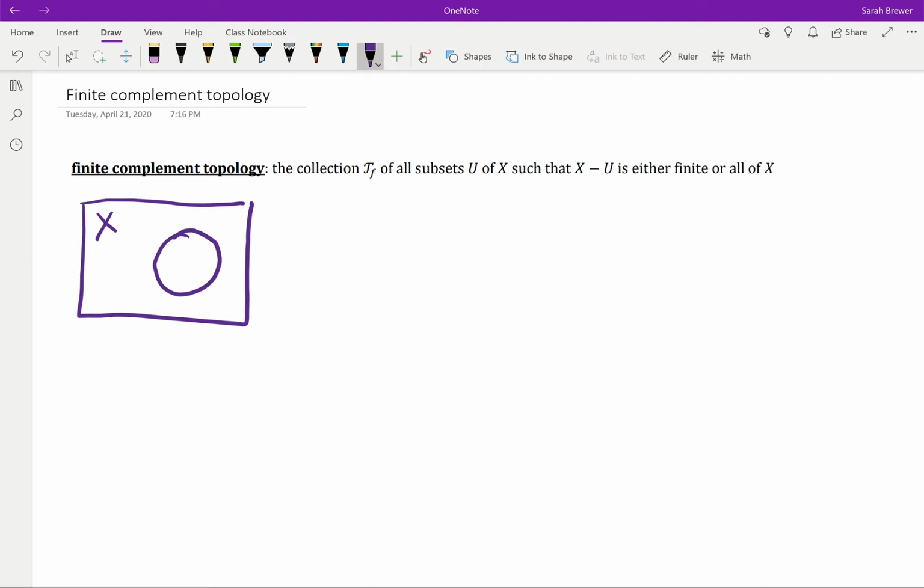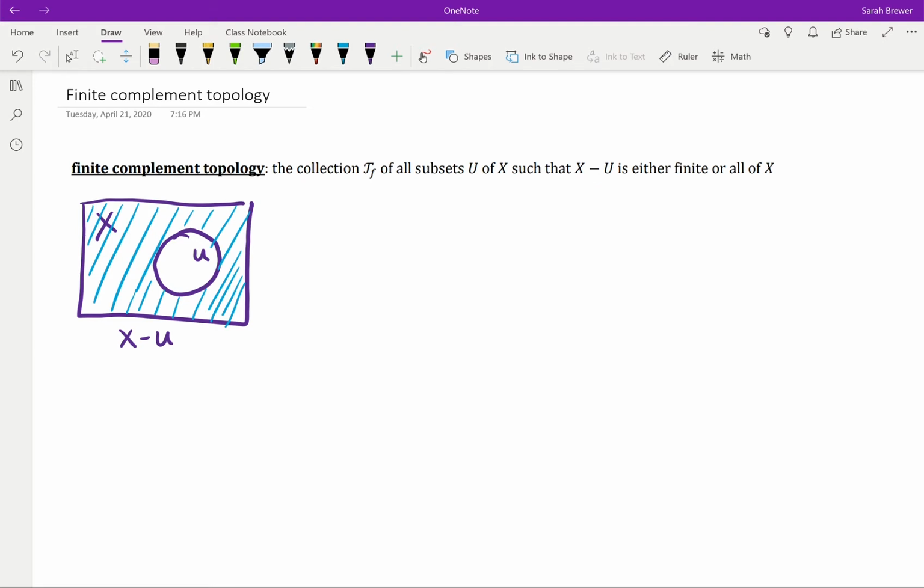So this is some subset U of X. And the complement X minus U is all of this stuff that's in X but is not in U. Okay, so that's what X minus U is.